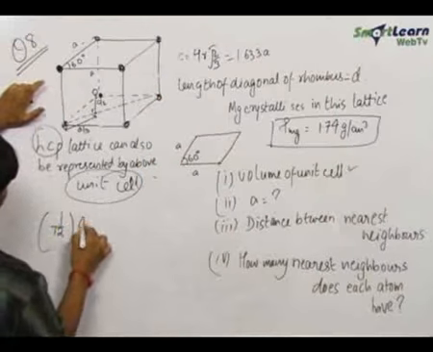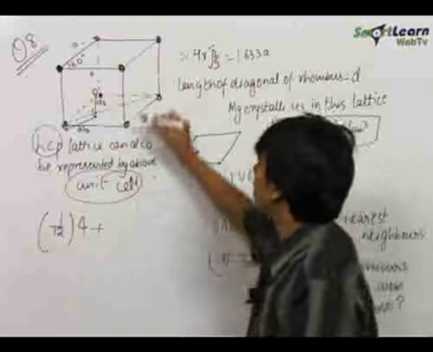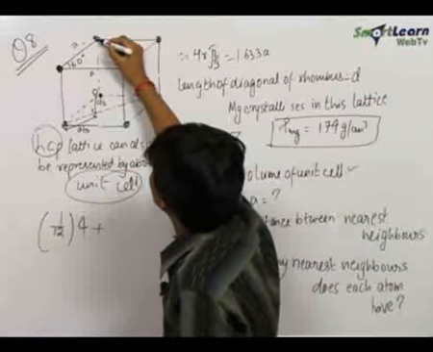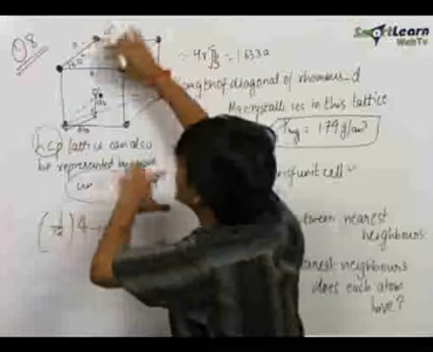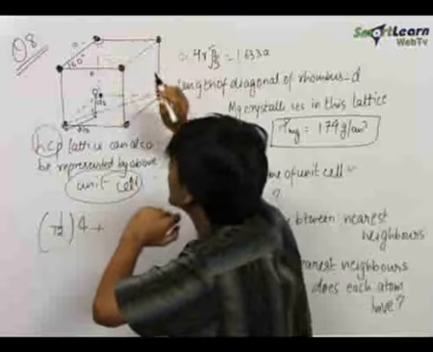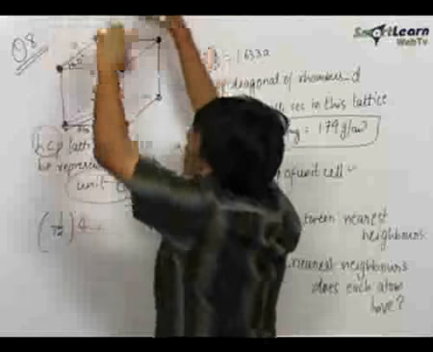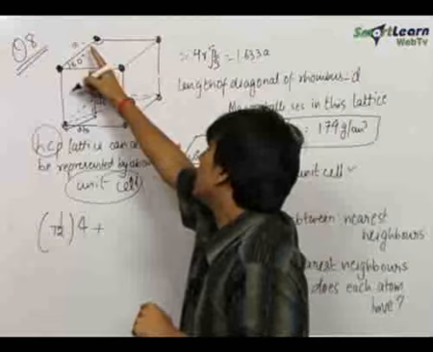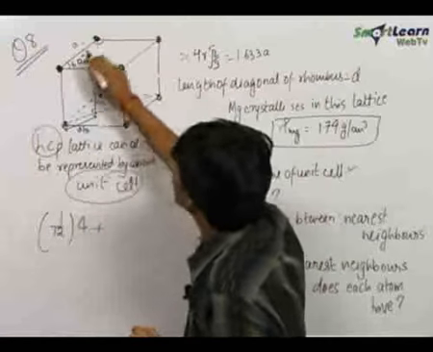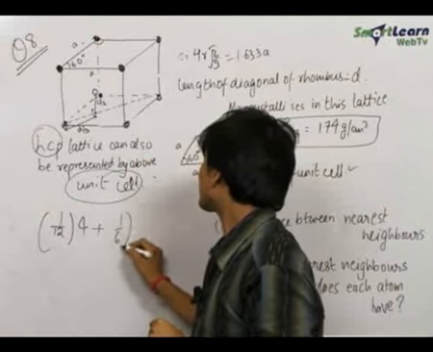Now similar goes for this atom, this atom, this atom, and this atom. Therefore there are 4 atoms which give a contribution of 1 by 12, plus these atoms, where the angle here is 120 degrees. Therefore 3 unit cells in this plane, making a total of 360 degrees, share this atom, and there will be 3 other unit cells above this which will share this atom. Therefore there will be a total of 6 unit cells sharing this, so the contribution of this one will be 1 by 6.